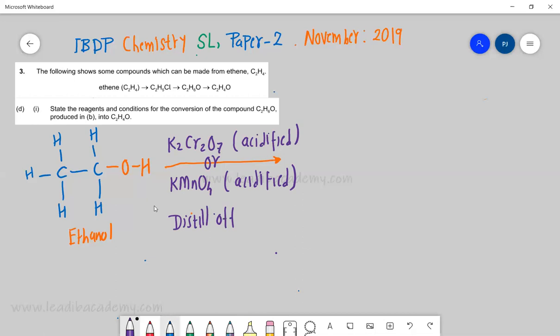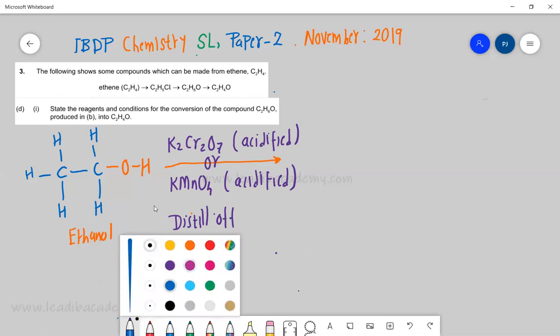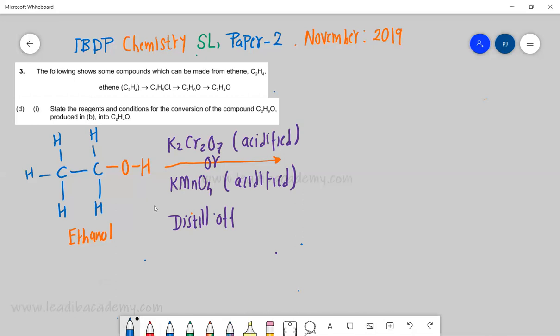So what we will get is this straightforward ethanol. So that is this ethanol oxidation. Okay, let me put the functional group in a different color so that you will understand much better.